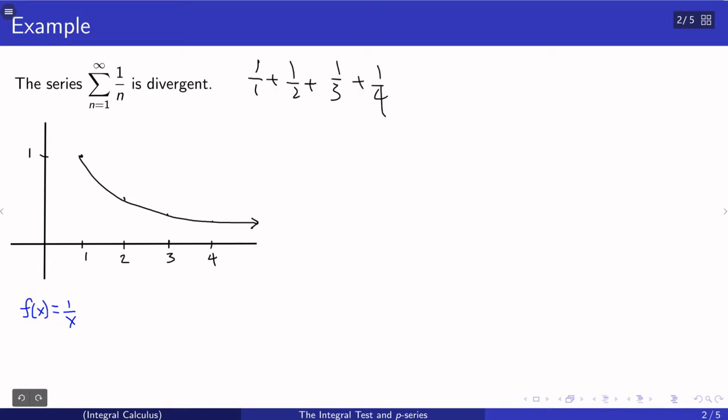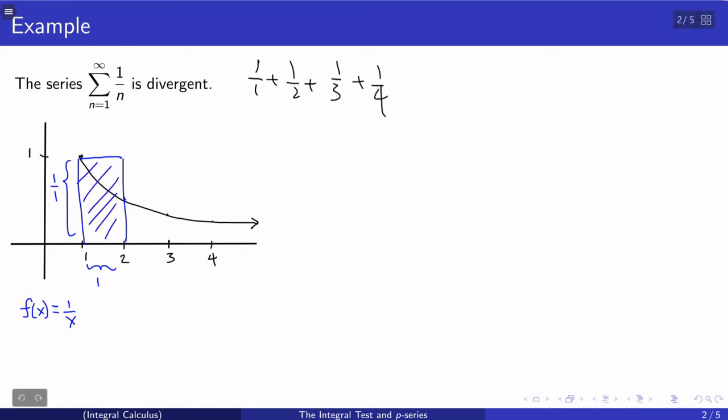Well, 1 over 1 is the area of this rectangle here, right? Its width is 1, and its height is the y coordinate when x equals 1. So that's 1 over 1, right? It's the function value at x equals 1. How about 1/2?